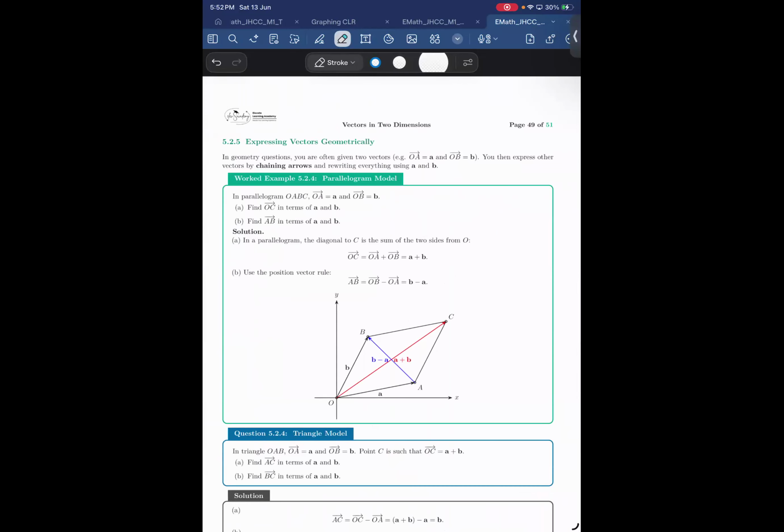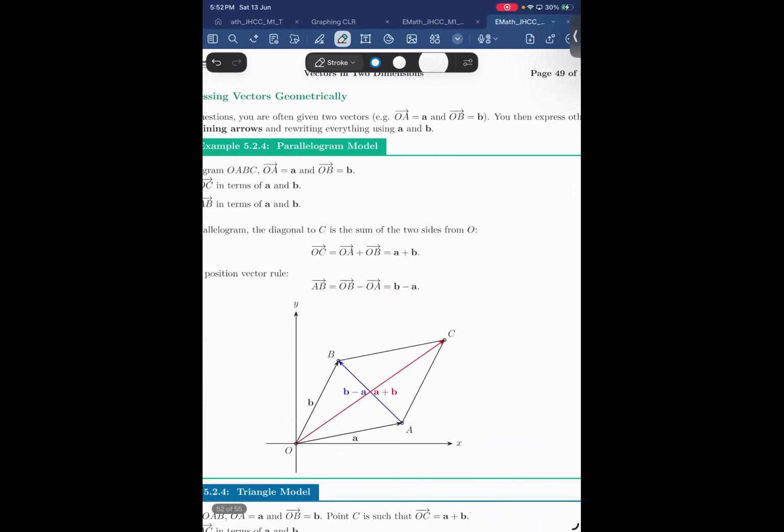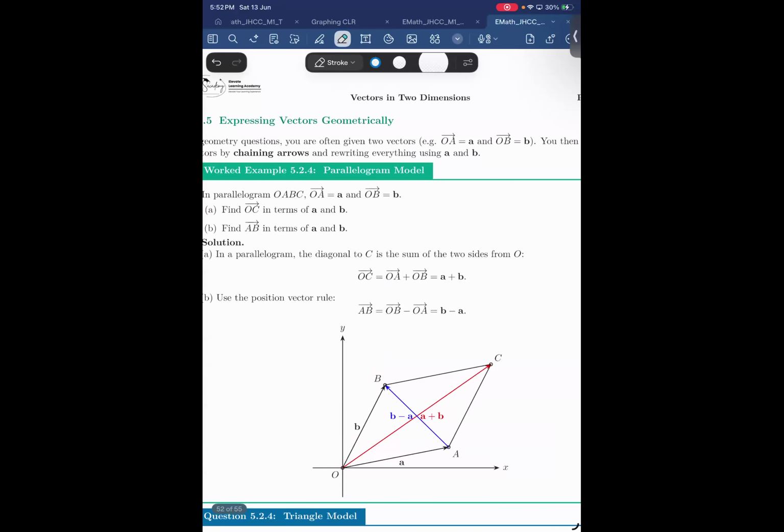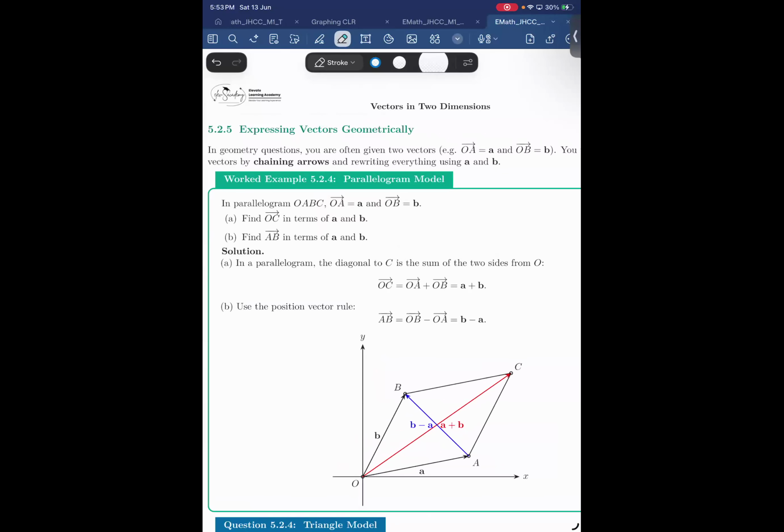So if we consider a parallelogram, OA equals to A and OB equals to B, and we want to find OC in terms of A and B. So OC is here.